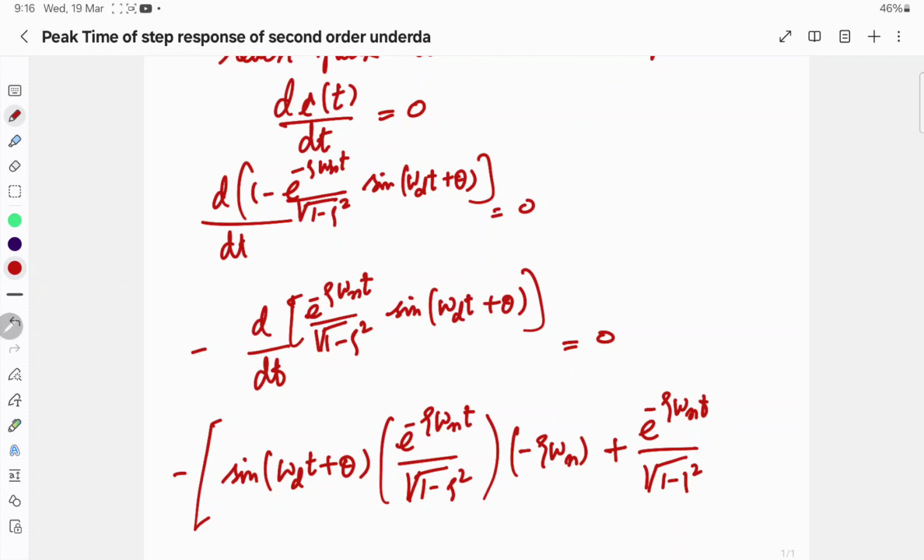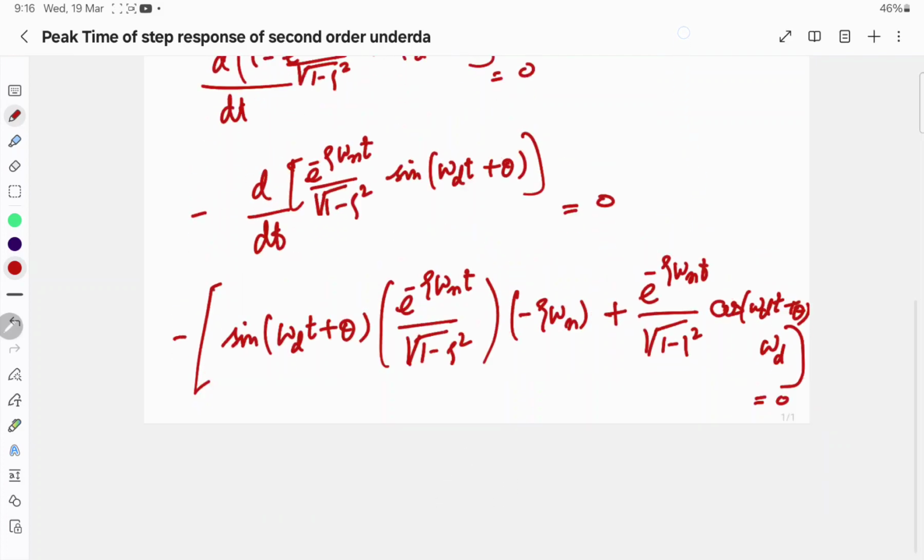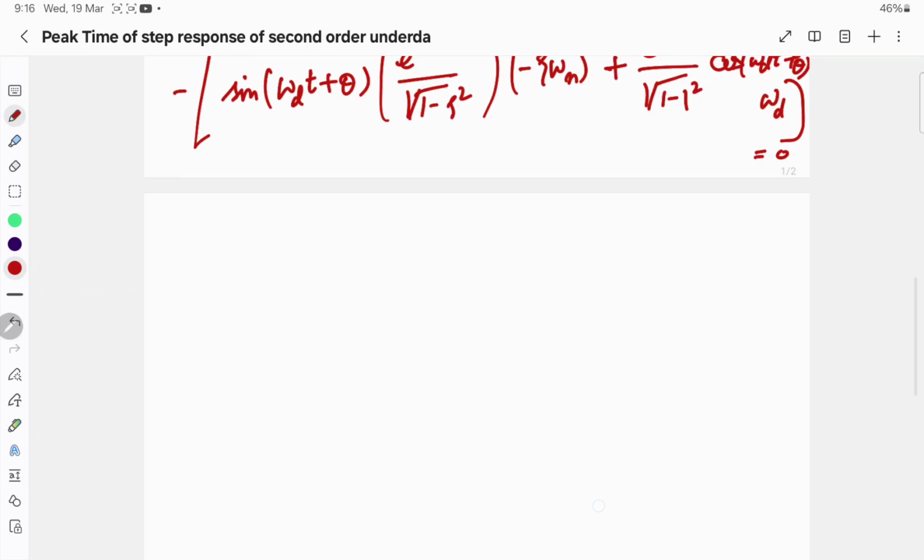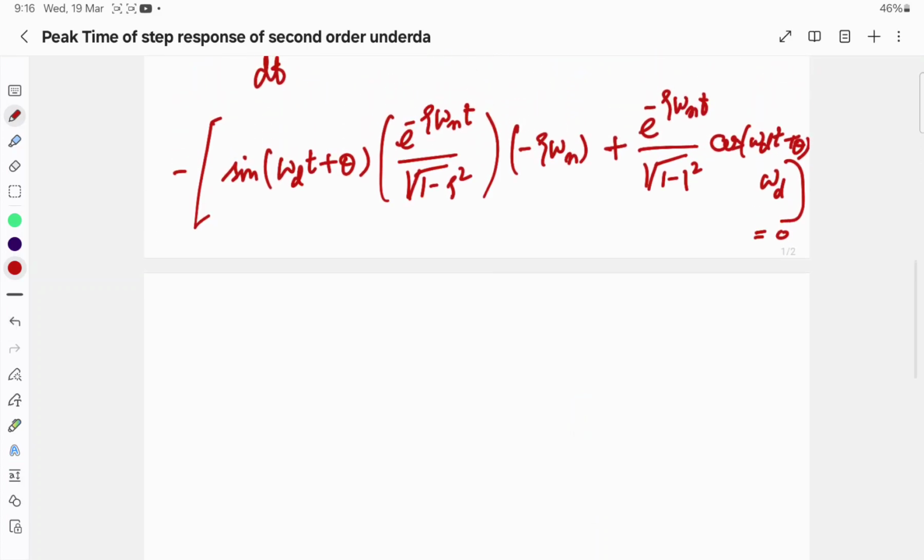Then differentiate the sine. Differentiating sine, you should be getting cos omega d t plus theta multiplied with omega d. Equate it to 0, right?